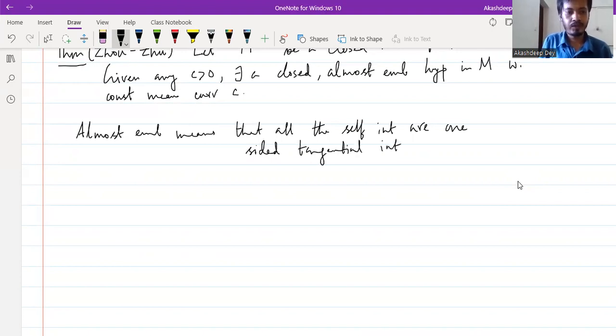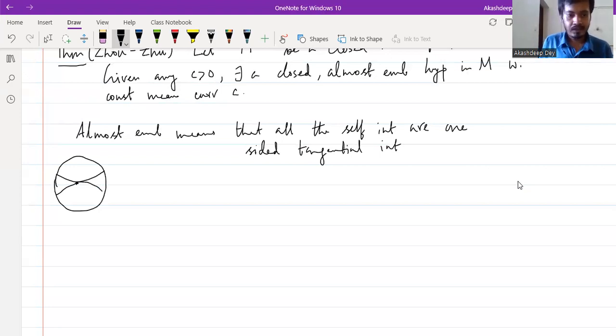So near a point of self-intersection, we have the following picture. Let's say this is the point of self-intersection, and if we look inside a ball around this point, we'll have two shapes touching.